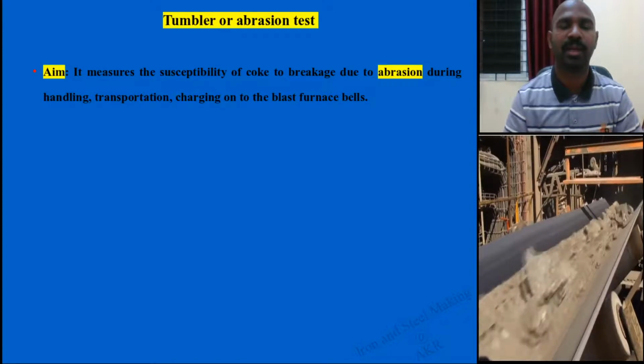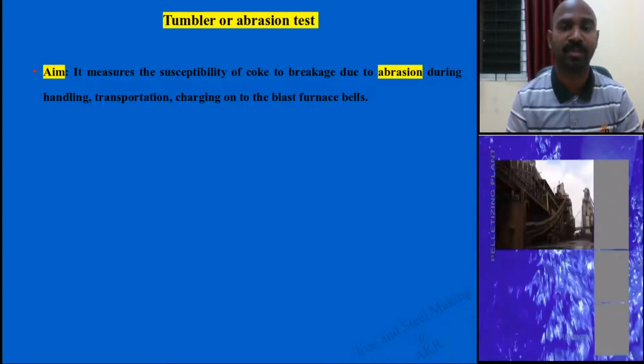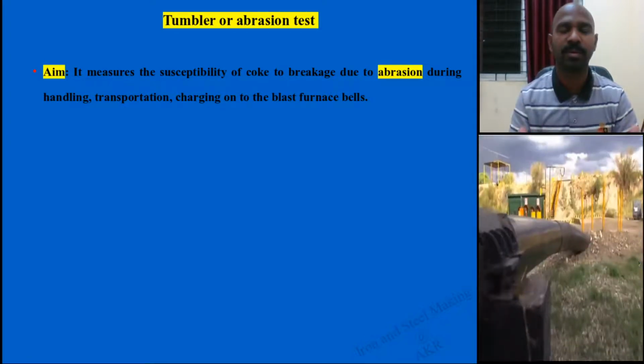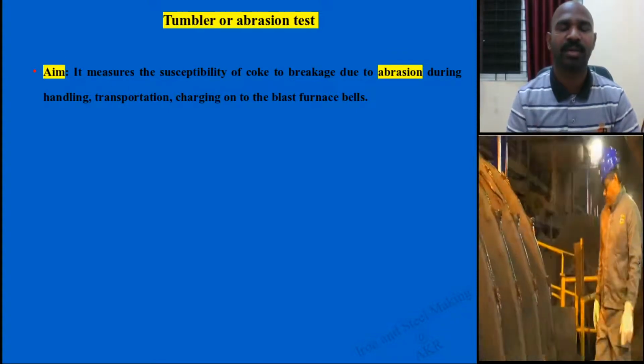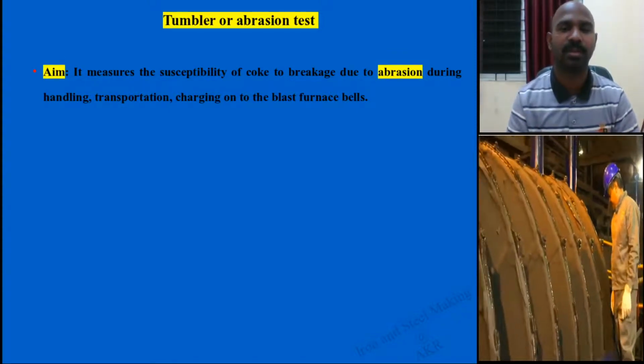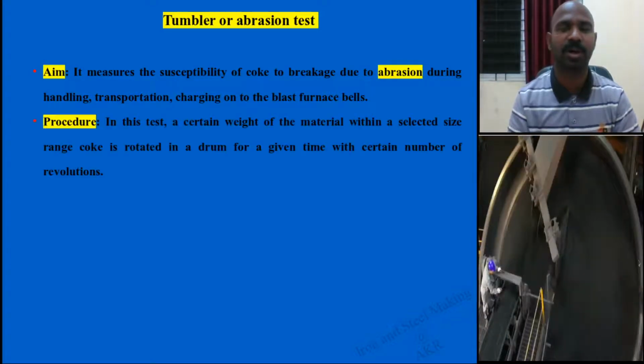There will be abrasion which occurs. What is the breakage percentage? How much percentage of coke is retained even after it undergoes abrasion at certain stages?